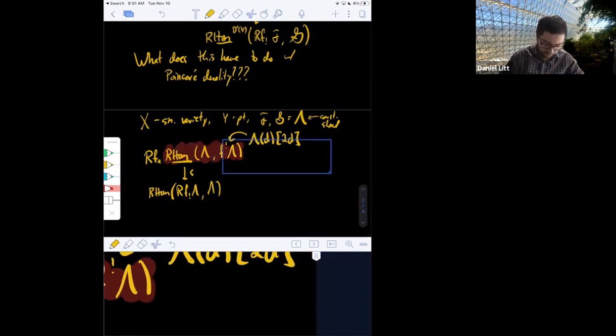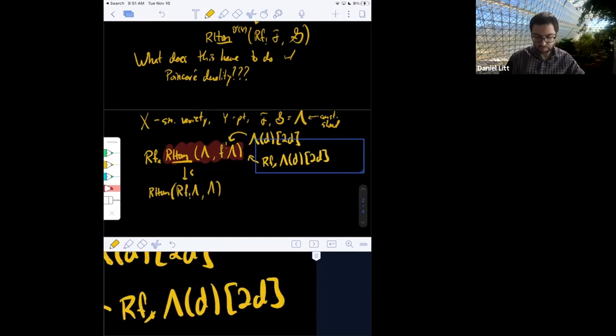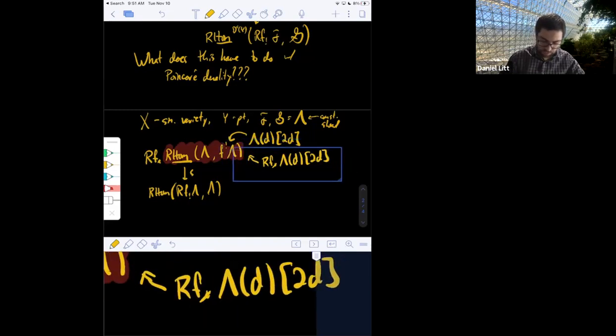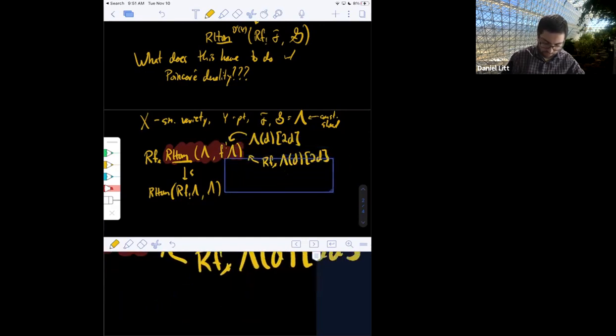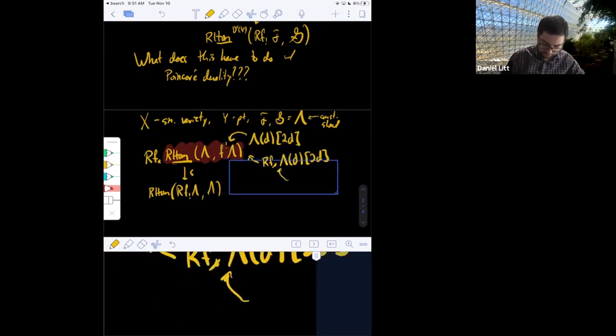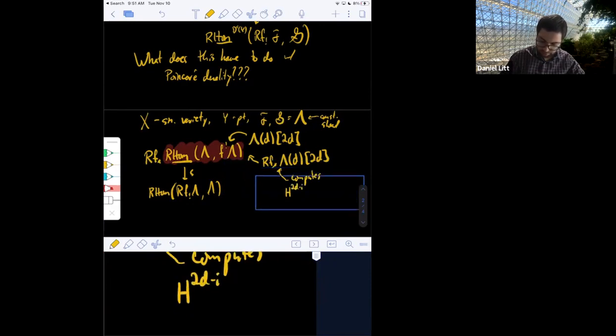So this is R F lower star of lambda of D, twisted in degree minus 2D. In other words, this computes the cohomology.